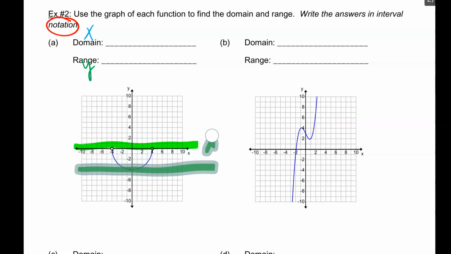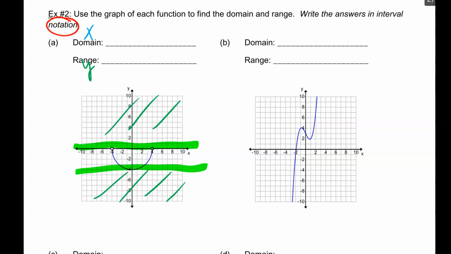So all of our y values are between -4 and 0. There's no y values above 0. There's no y values below -4. And notice that there's a hole, so I don't want to include y equals 0, but I do want to include y equals -4. And we always go smallest to biggest, left to right. So include -4 with the square bracket, exclude 0 with a parenthesis.